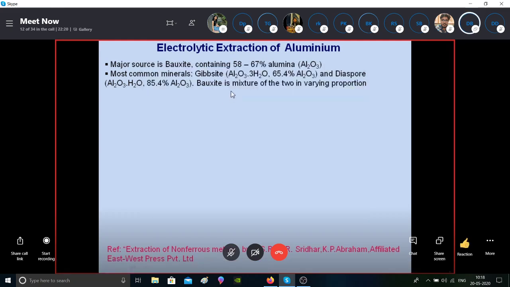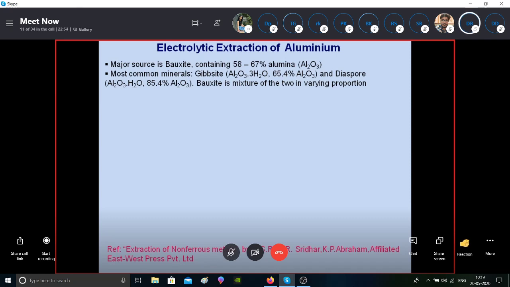One mineral is called gibbsite, which is a trihydrate of alumina, Al2O3·3H2O, containing around 65.4% Al2O3 theoretical value, and the other is diaspore. Diaspore is a monohydrate of alumina, Al2O3·H2O, containing a very high amount of Al2O3, 85.4%, which is the theoretical alumina content in diaspore.